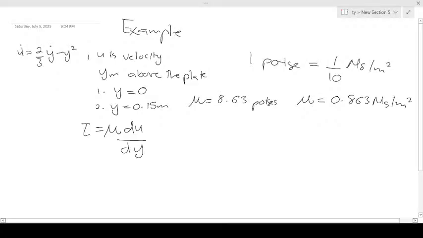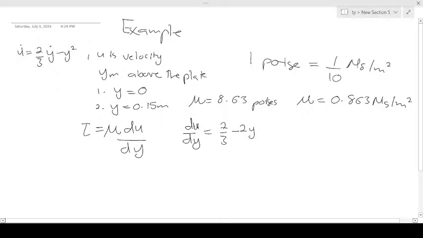So that means when we differentiate this, we are a step closer to solving the problem. So first of all, we are going to differentiate u. So du over dy is equal to 2 over 3 minus 2y.